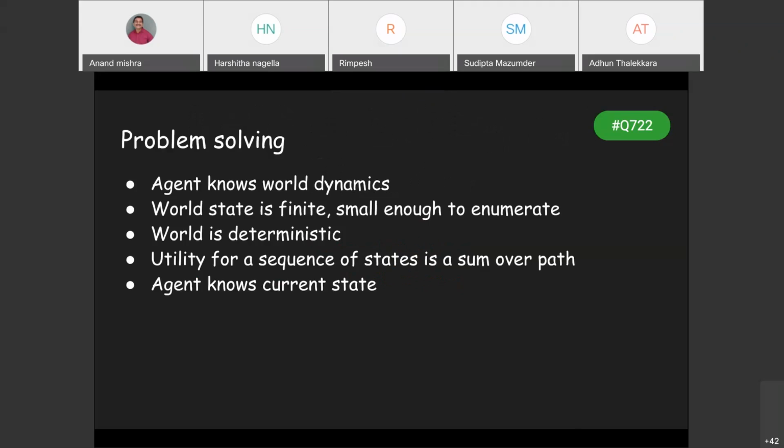Problem solving has certain assumptions: the agent knows world dynamics, the world state is finite and small enough to enumerate, the world is deterministic, the utility for a sequence of states is the sum over the path, and the agent knows the current state. These are the basic assumptions we have, and with these assumptions we move forward.